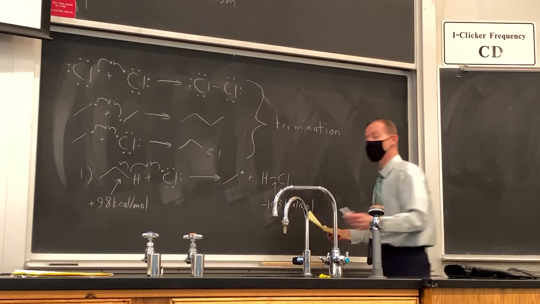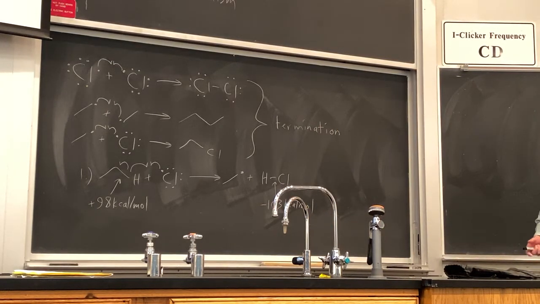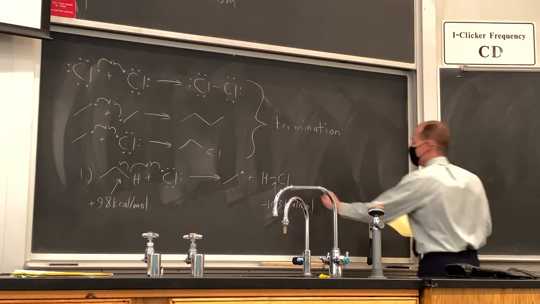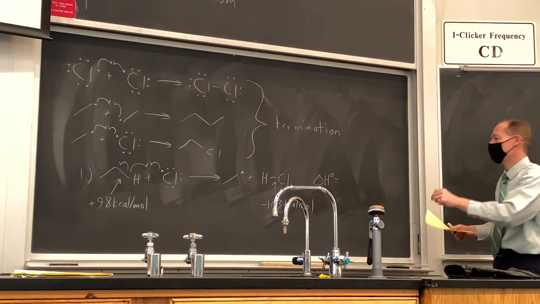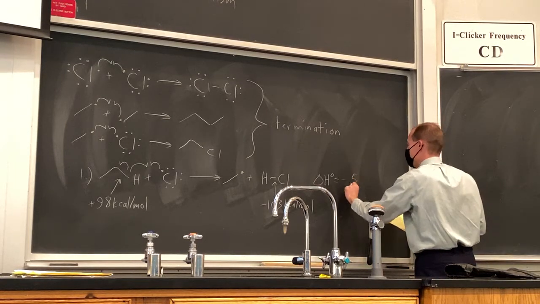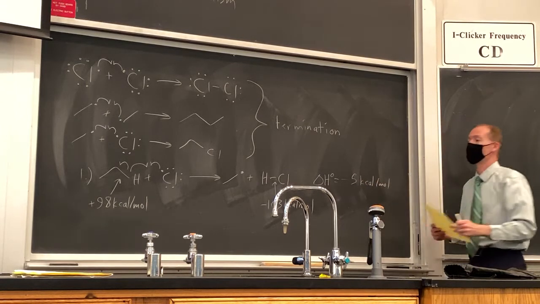So I'm going to put a negative sign in front of that since we're forming that bond. That's going to release energy. So the net delta H for this first propagation step is going to be negative, minus 5 kilocalories per mole.